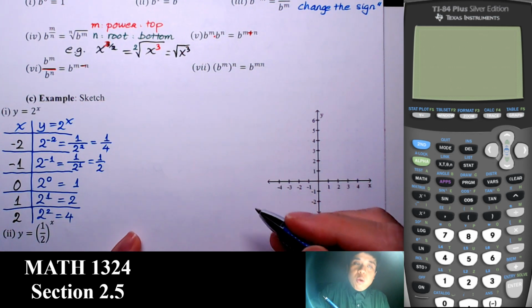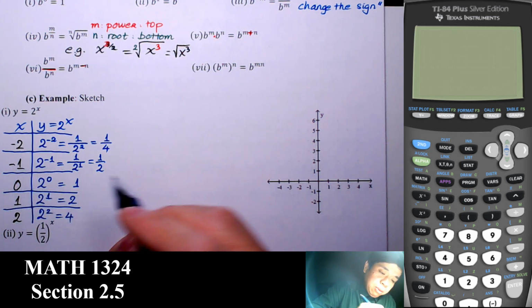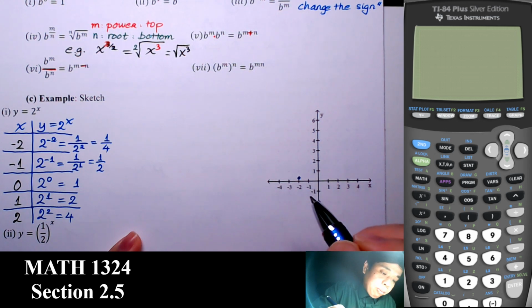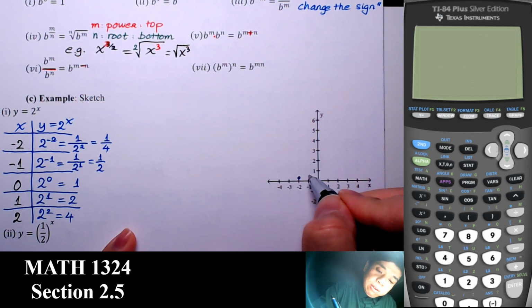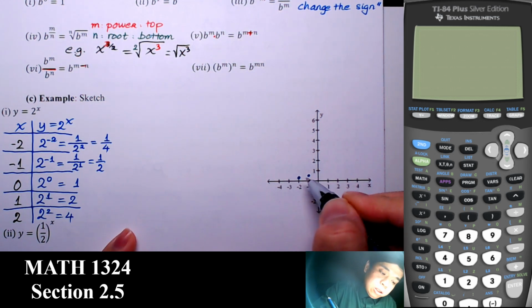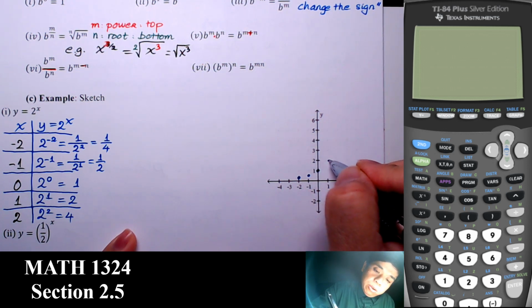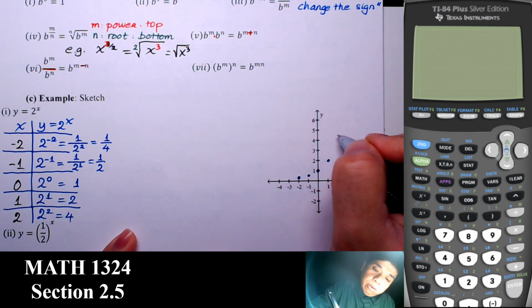So we just plot the points here. -2, 1/4, about here. -1, 1/2. 0 and 1. 1 and 2. 2 and 4.